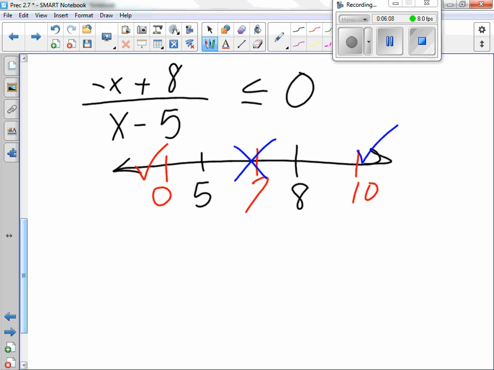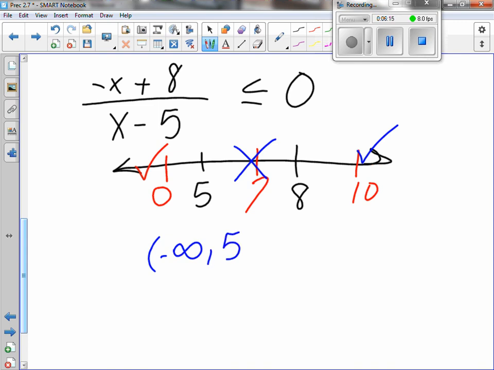So our intervals that work, coming from the left, we have negative infinity, comma, 5. Now would the 5 be a bracket or a parenthesis? Exactly. It's a parenthesis. Now you might be saying it's equal to, yes? Where did we get the 5 from?